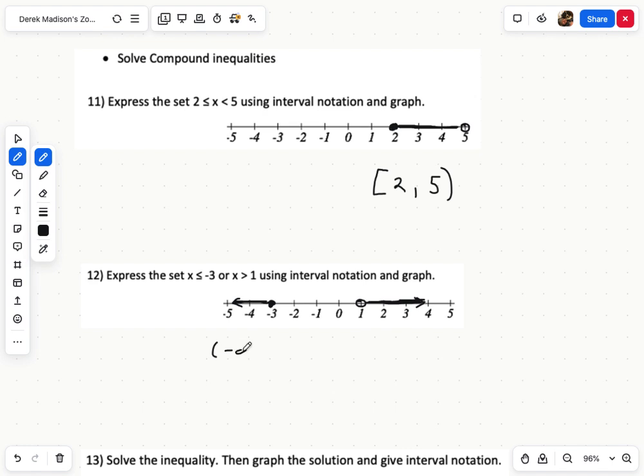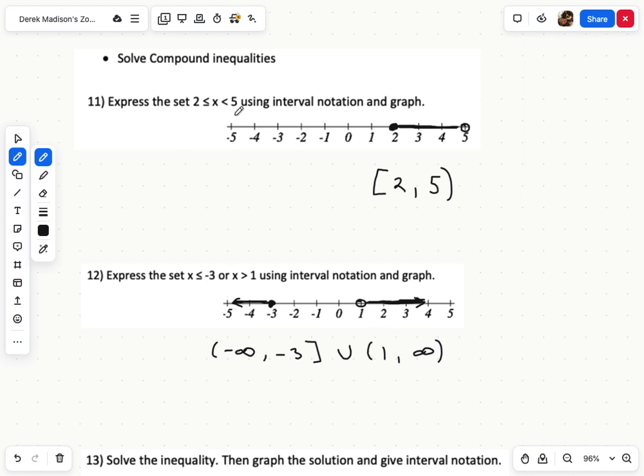So we would go from -infinity. Remember, we always go from the smallest to the largest, where we work left to right. So -infinity up to -3 with a bracket, and then we use that union symbol to paste these two solutions together, and from 1 to infinity.